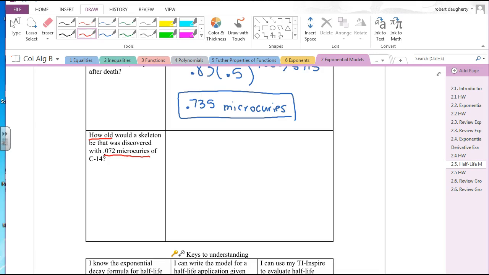So I found something that had 0.072, and I just go back to that same formula that I had. What was it? 0.83 times 0.5 to the t over 5715? So just go back to that same formula. And then how do I solve this?